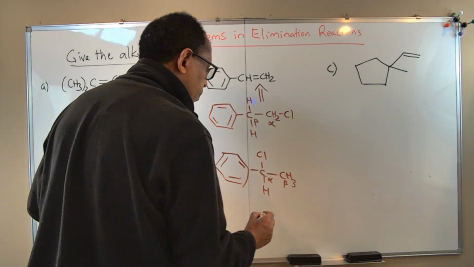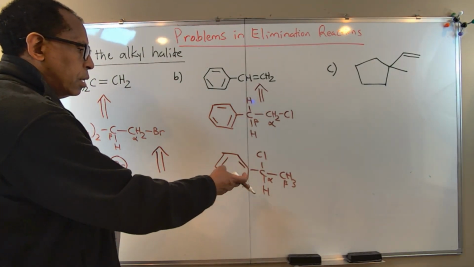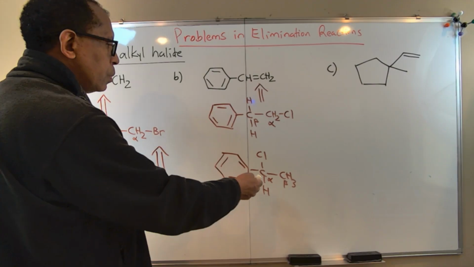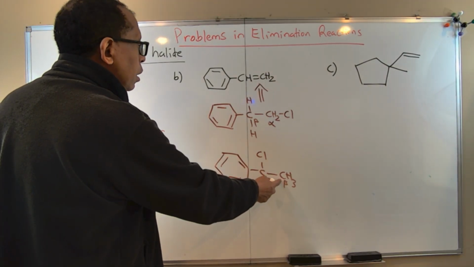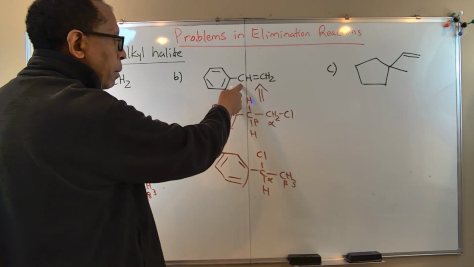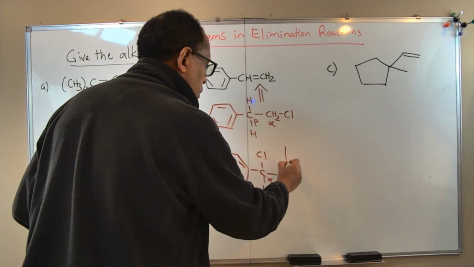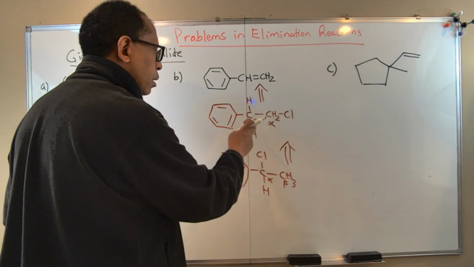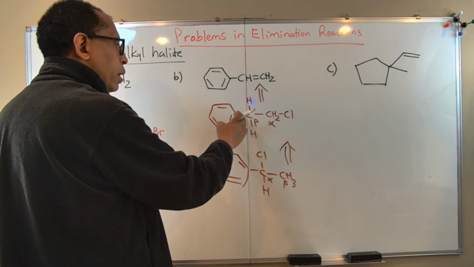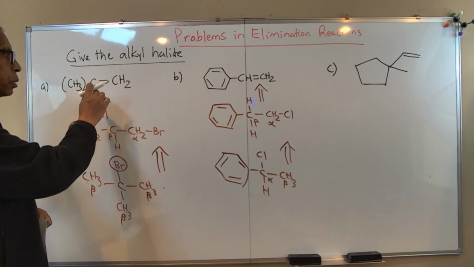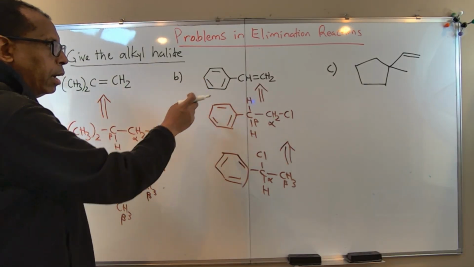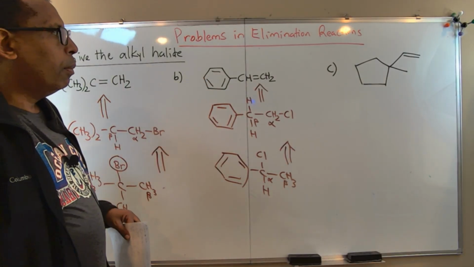Now, if you just eliminate this from this one, you'd generate the same product. So this is another possibility. Either you put the halide on this carbon, it doesn't really matter. You still get the same isomer. How about on this one?